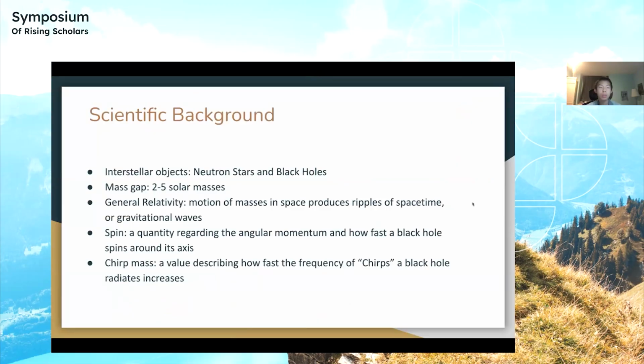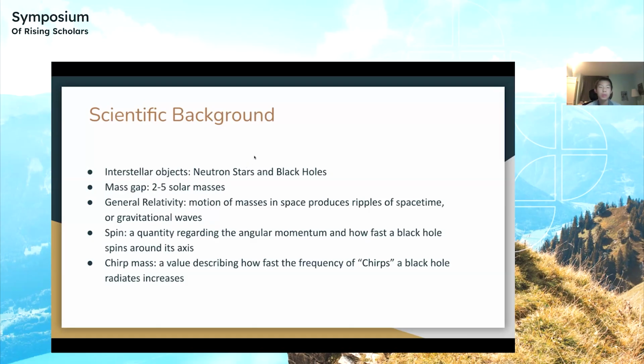First off, we'll start with some scientific background. Neutron stars and black holes are both types of interstellar objects at the end of a star's lifespan. If a star was under 2 solar masses, which is 2 times the mass of our sun, then it would become a neutron star at the end of its life.